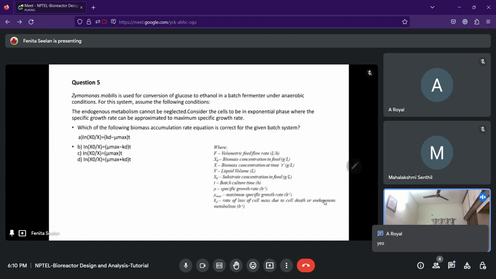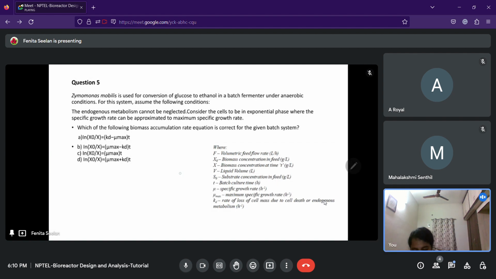This is also a simple question, like a derivation. We can derive it. Zymomonas mobilis is used for conversion of glucose to ethanol in a batch fermenter under anaerobic conditions. For the system, let us assume the following conditions: endogenous metabolism cannot be neglected, so the kd cannot be neglected.